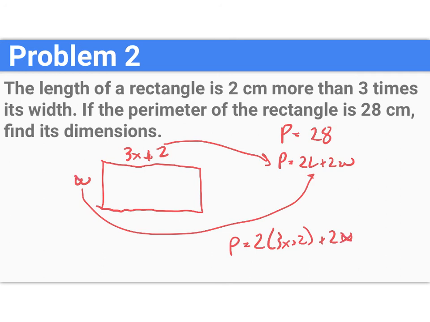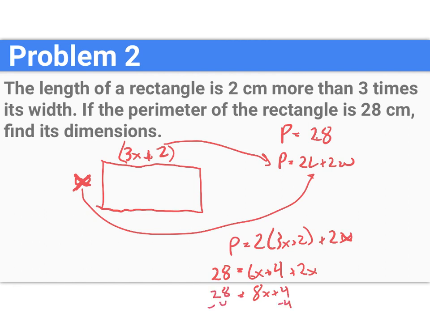I should have called it x. I'm sorry. So x gets substituted in for W, and this whole thing gets substituted in for L. Since the perimeter is 28, we just put in 28. And so 6x plus 4 plus 2x, and you get 8x plus 4 equals 28.